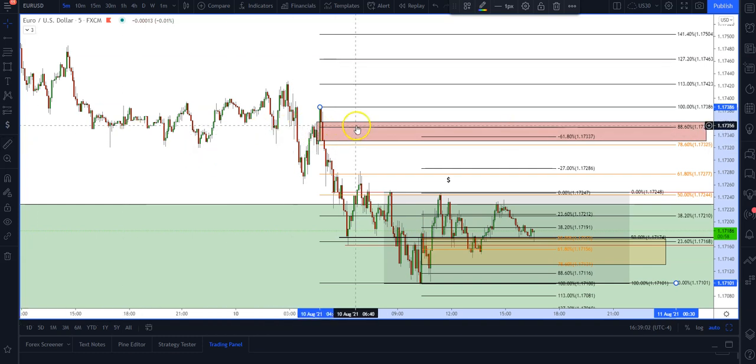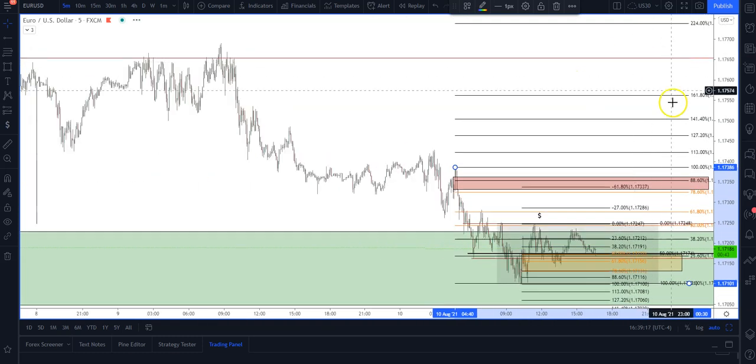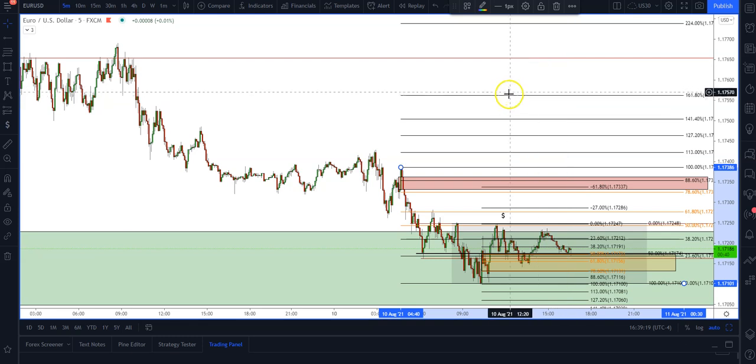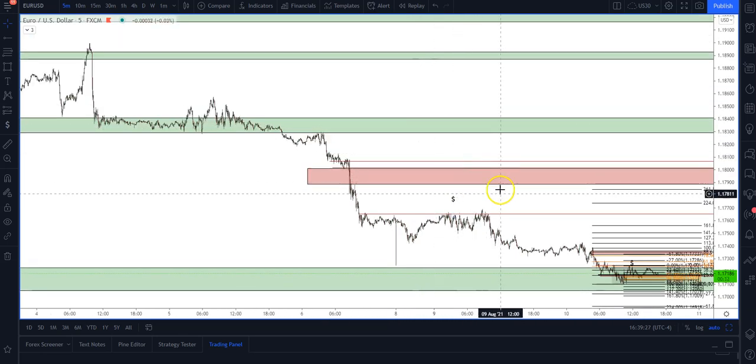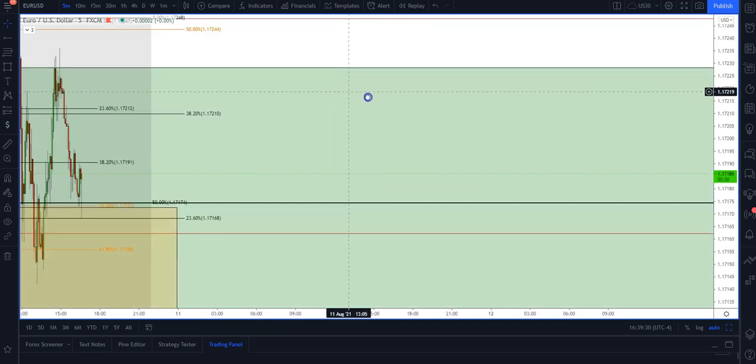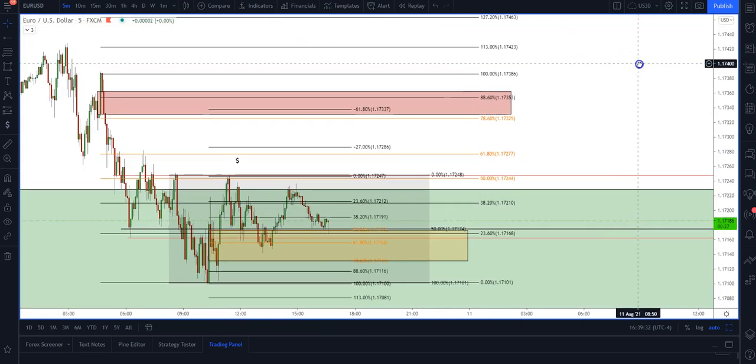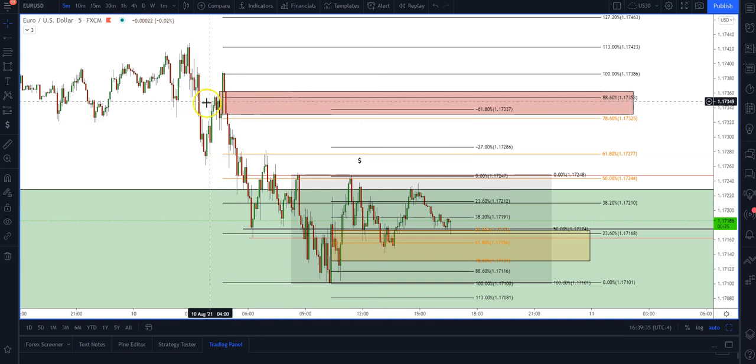We're looking at the 88.6 zone up here for the PRZ, and for the crab, yeah, it's not going to be the crab. Crab is 161.8, which is up here. It can be the crab and come back down and shoot up here, which is a different zone I'm looking at. But for short term immediate zone, I'm probably going to aim for the bat being formed.